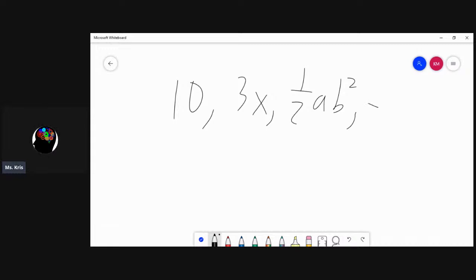or negative 1.8 m to the 5th. Now each has its own degree, and you always line up by the highest degree.